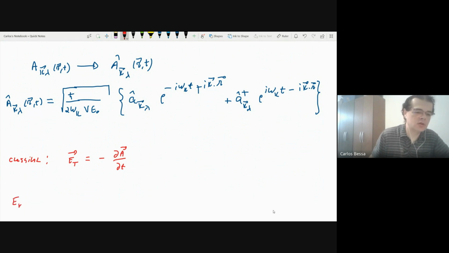Let's make this simple, the quantized electric field. Let's use quantum. For each mode it is given just by the derivative d/dt.